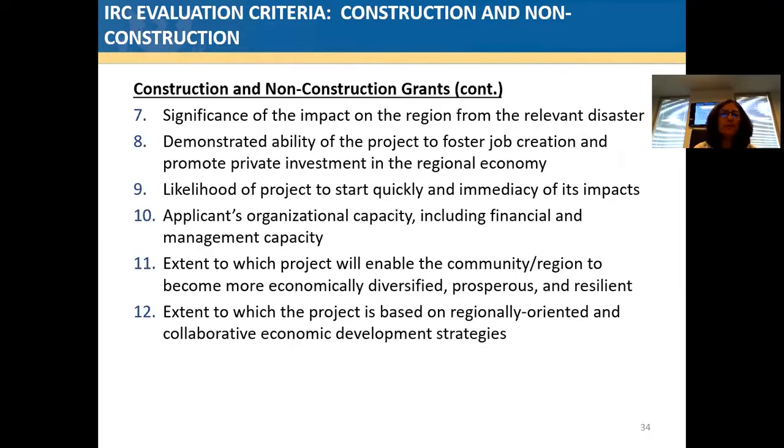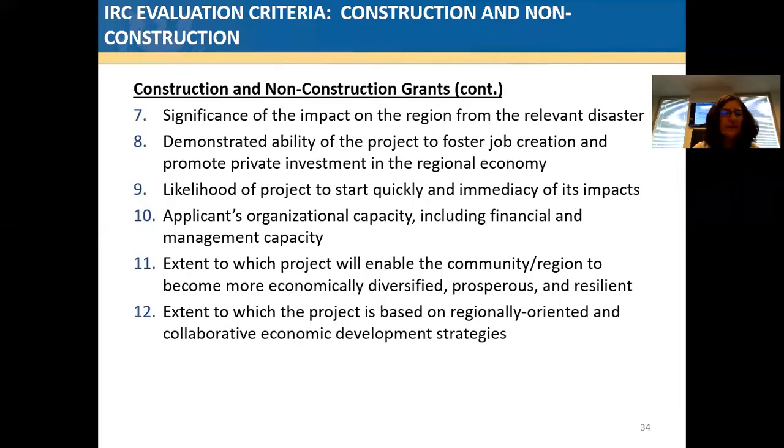So that is an important theme to touch on in all aspects of this application. We're also looking for projects that can start quickly. And then, of course, we're looking for the ability of the applicant to manage the finances and all the aspects that come with a big or even medium-sized federal grant.